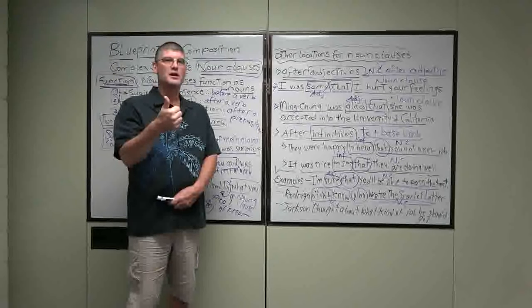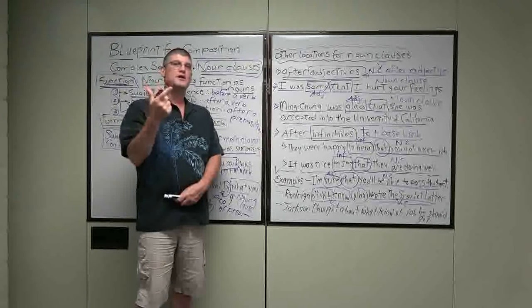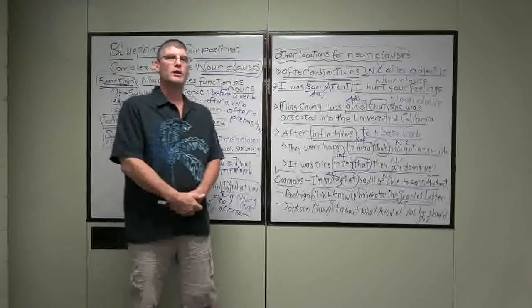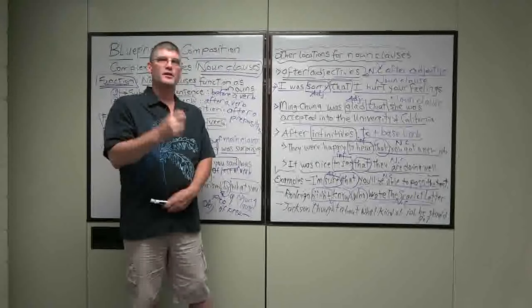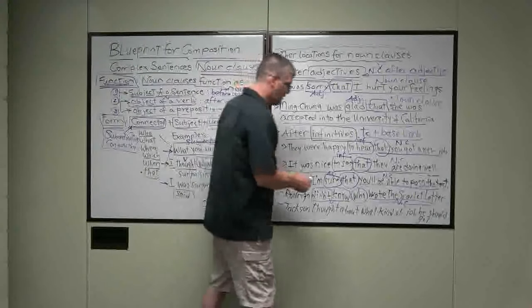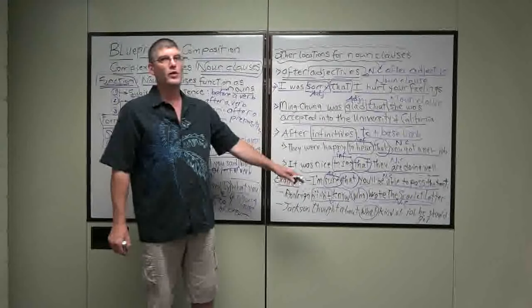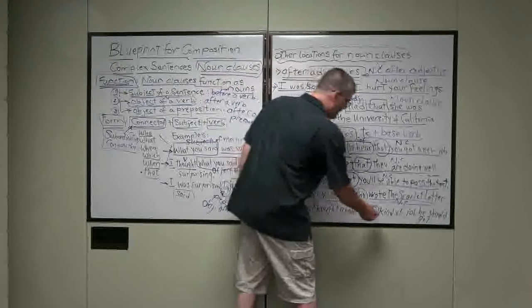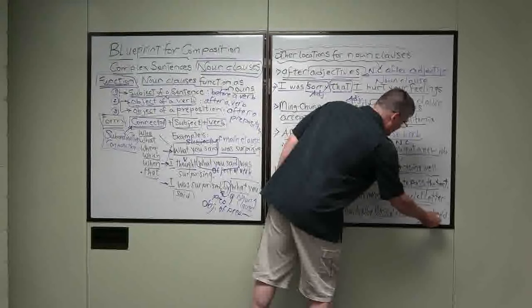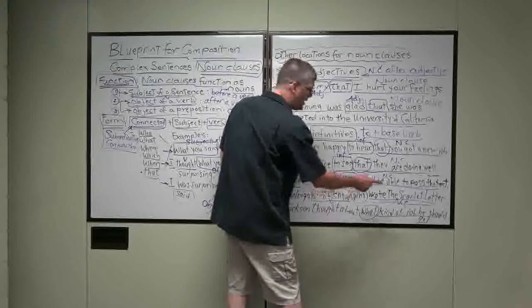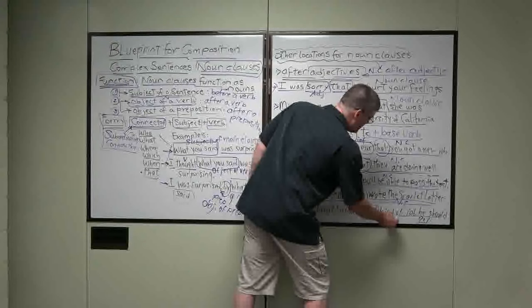Same as I would if I was trying to identify an adjective clause, same as I would if I was trying to define or locate an adverb clause. Look for the connector. Here's the connector, the word what. So all of that right there, what kind of job he should get, that's your noun clause.